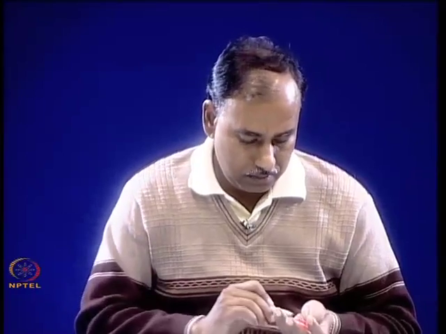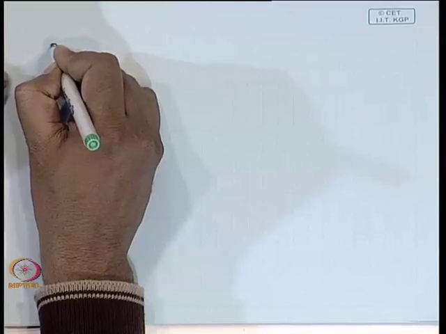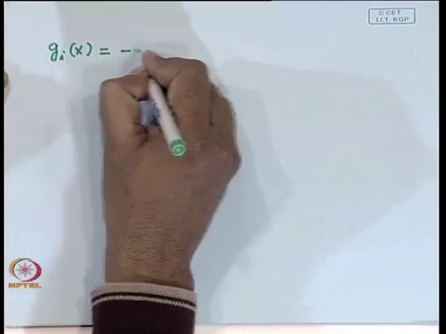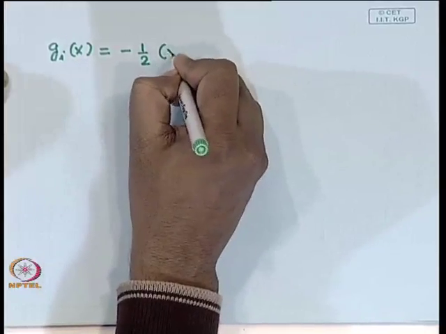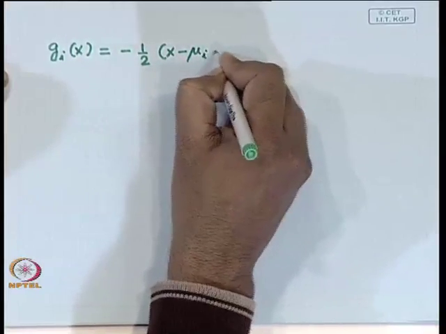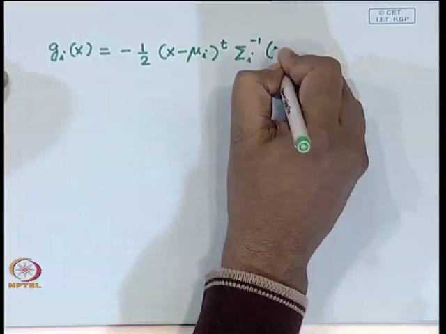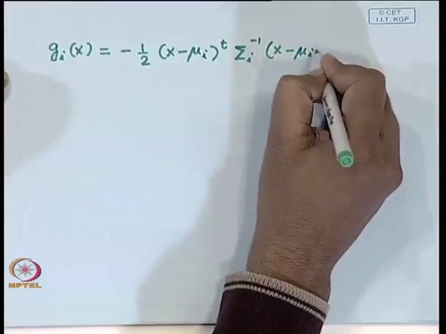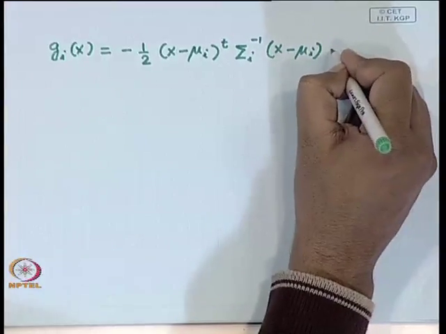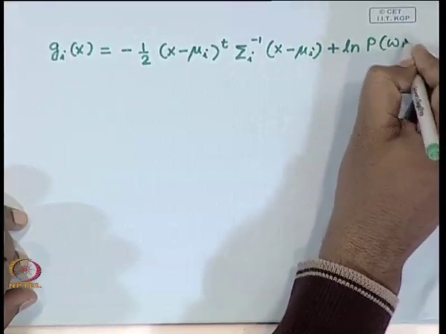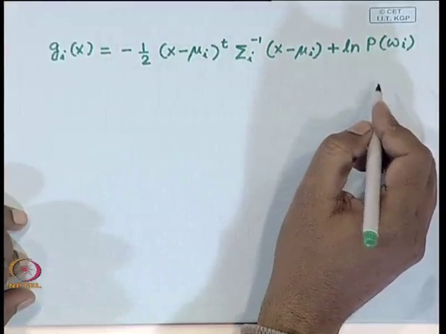Now, if I go for expansion of the discriminant function, you find that this g_i(x) is simply of the form minus half (x − μ_i) transpose Σ_i inverse (x − μ_i) plus log P(ω_i).